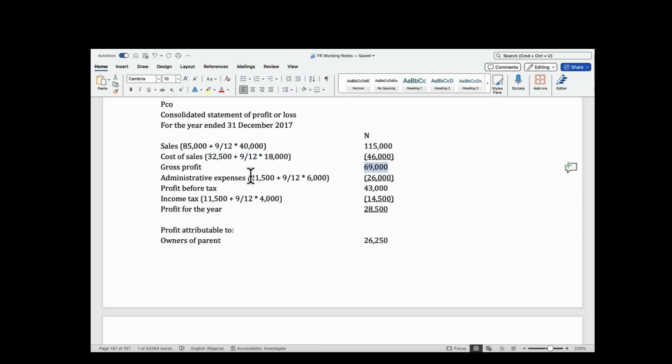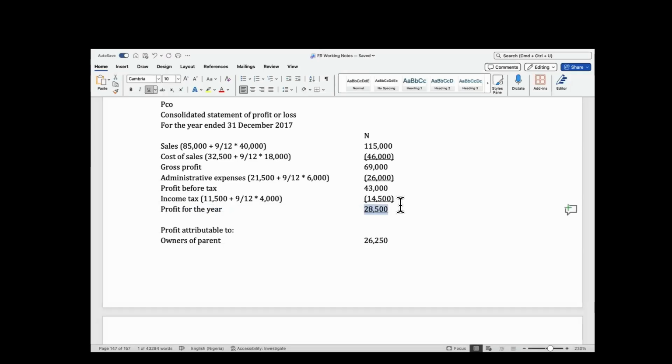I'll do the same thing for admin, that of the parents, 9/12 of the subsidiary. That's 26. Then I get my PBT. Then my income tax, parents, 9/12 of the subsidiary. I get 14.5. Then I get my group profit for the year.